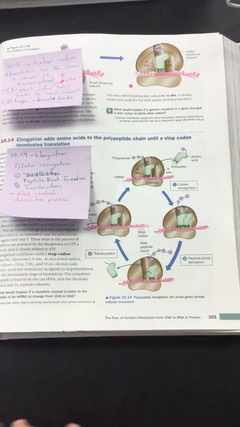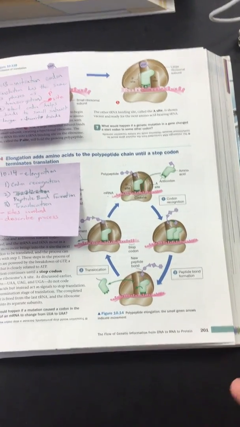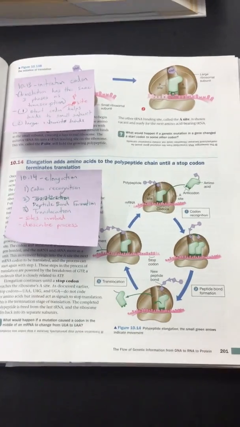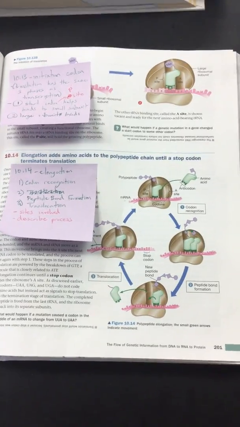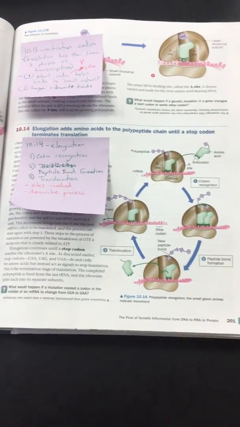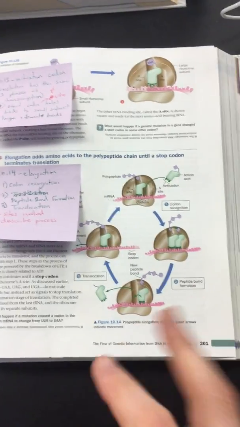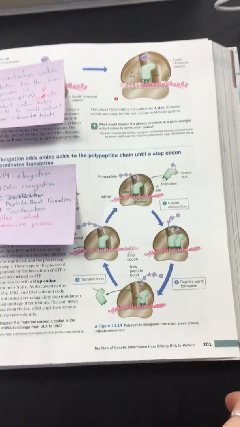I just talked about polypeptides and proteins. So what makes a protein? What are the building blocks of proteins? Amino acids. What are the building blocks of polypeptides? Amino acids. So the link between amino acids is the peptide bond.